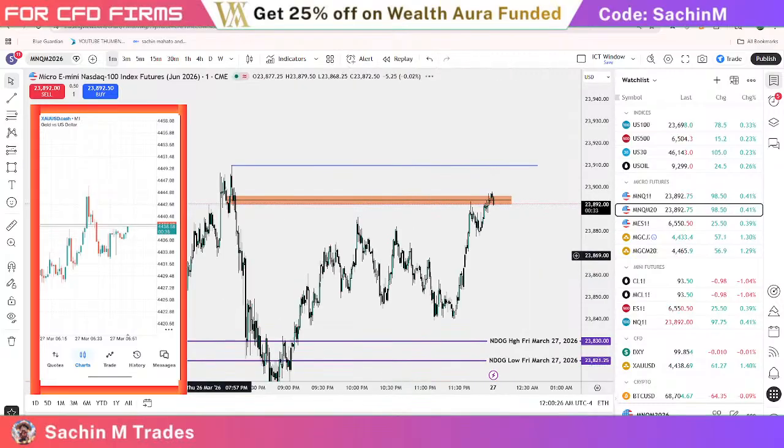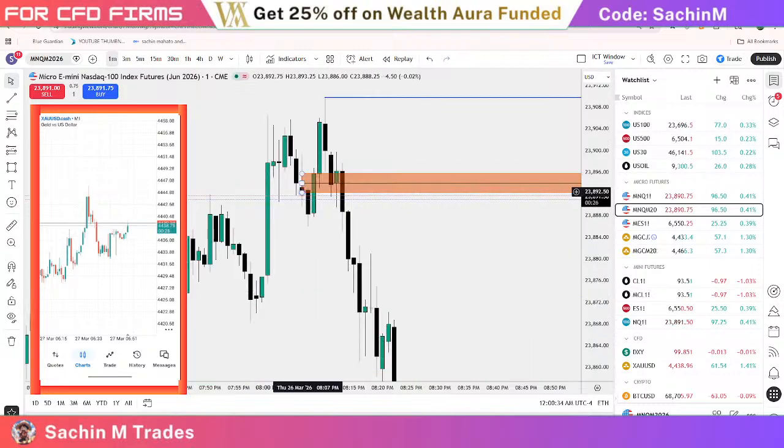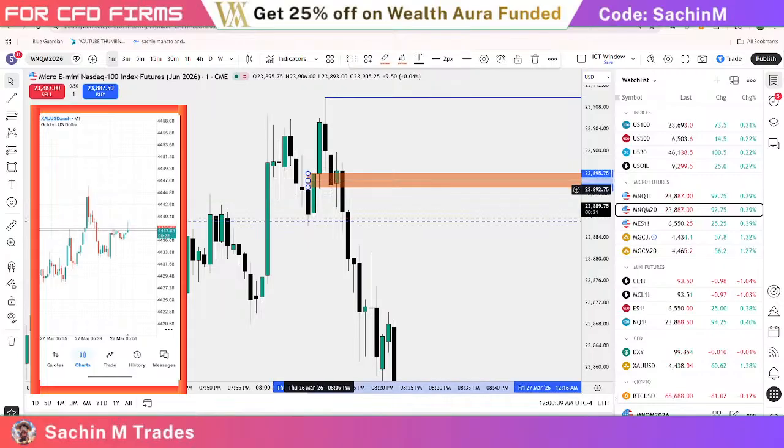Let's see here. Can we include the next candle into this inversion fair value gap? Where did we mark it? Here. There is no inversion fair value gap here. So we have this breaker only.